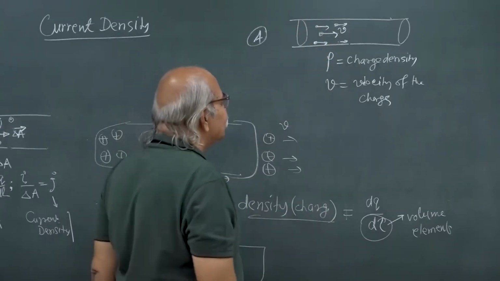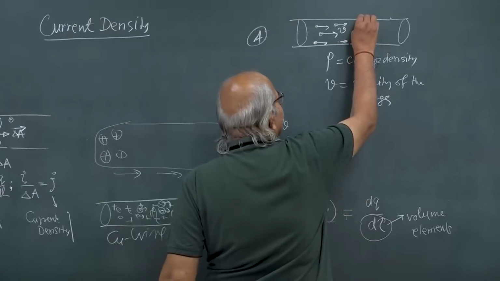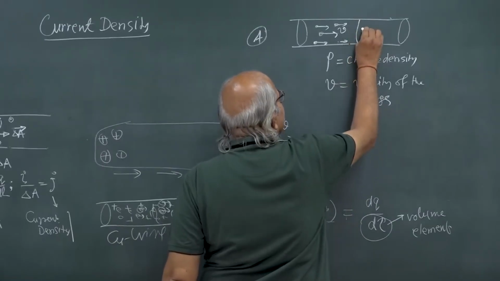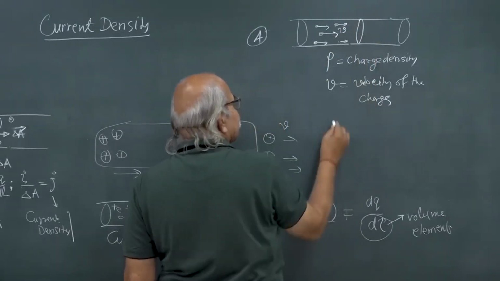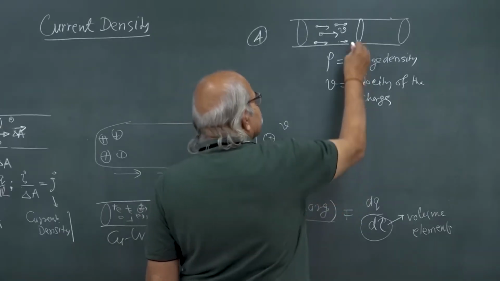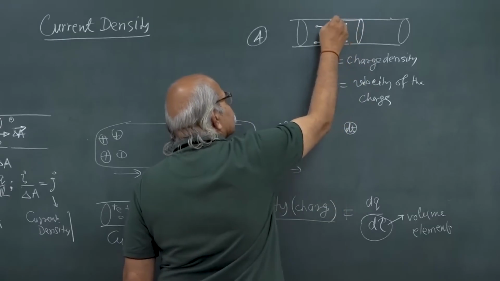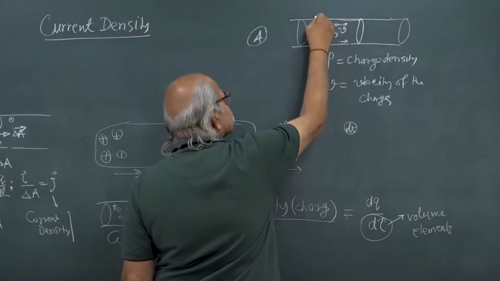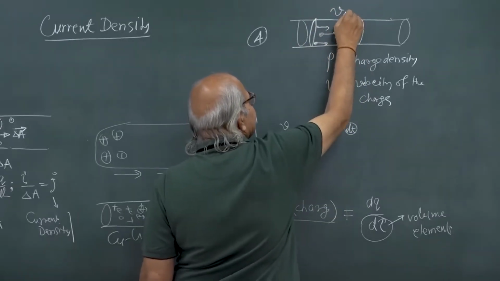So we can do it. Consider this cross section here, and then take some time dt and construct a length V into dt.